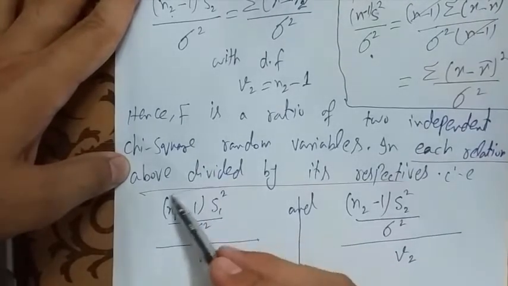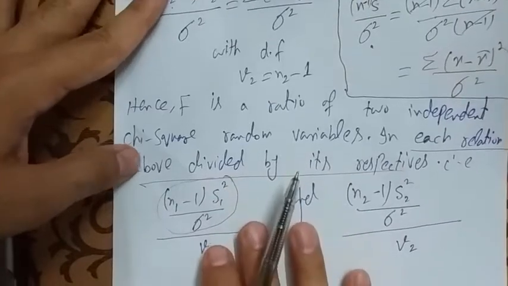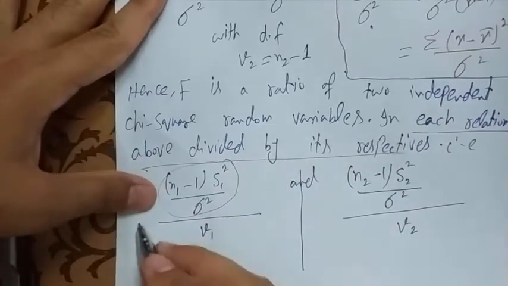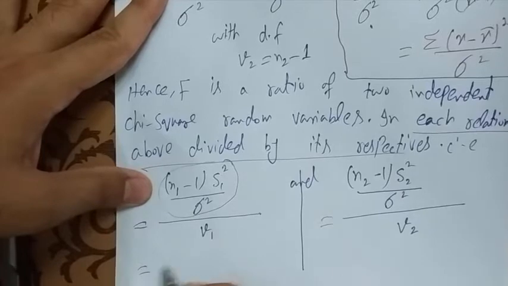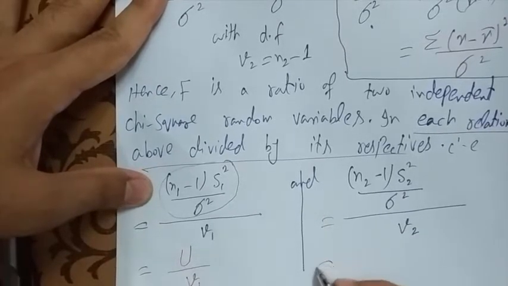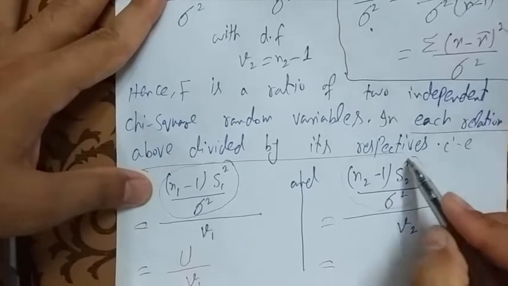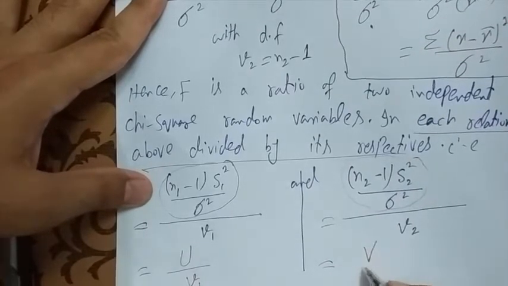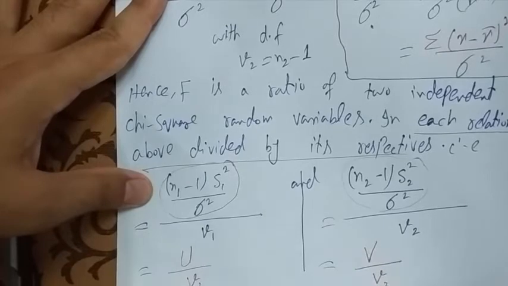This relation I denote as capital U over nu 1. Similarly, this is denoted as capital V over nu 2.